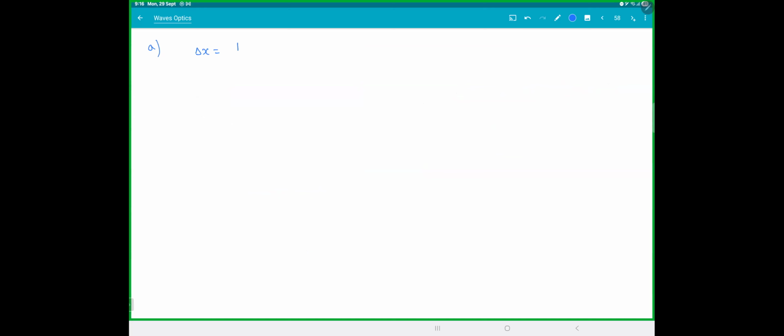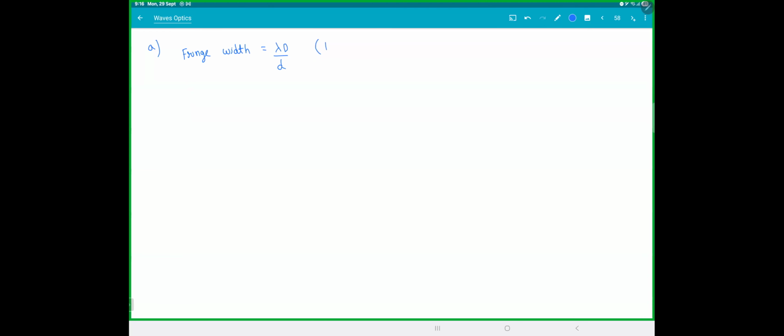Delta x is y d by capital D. This is valid only when D is much greater than y. So just let me use this. I don't need this actually. I need fringe width. Fringe width is lambda capital D by small d.